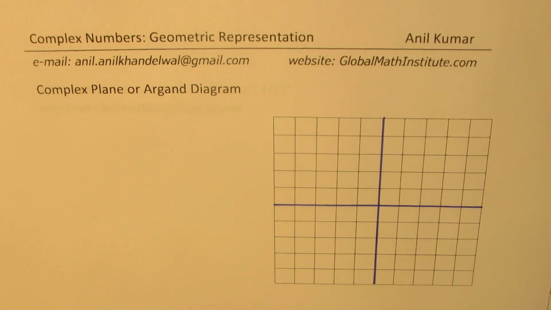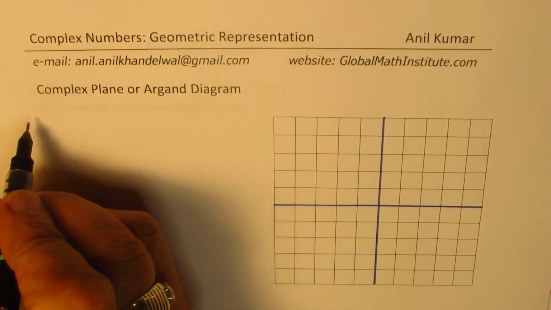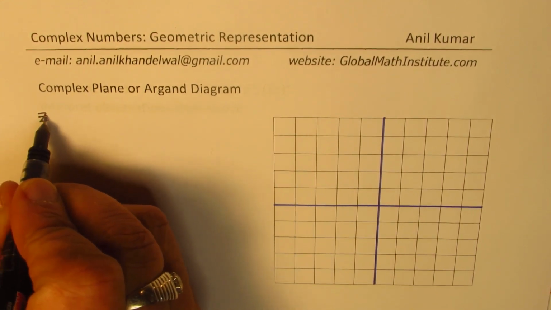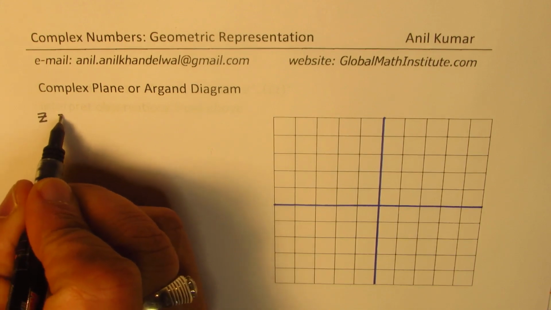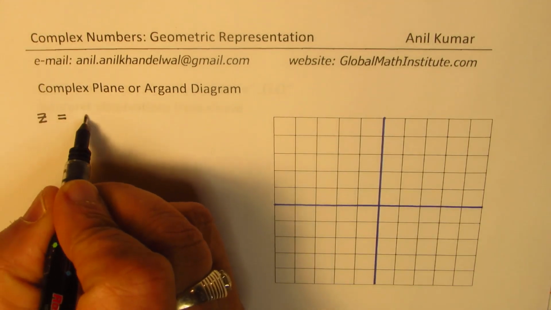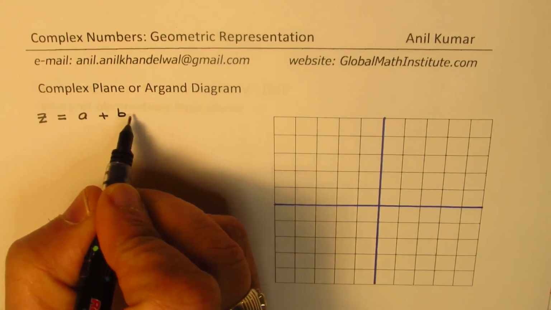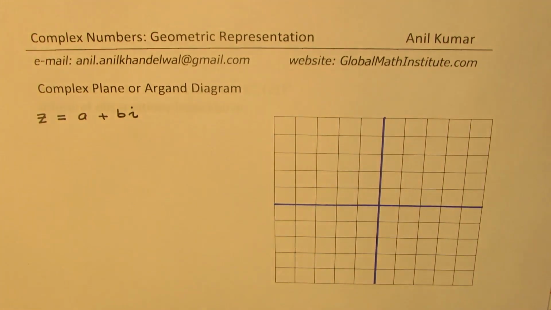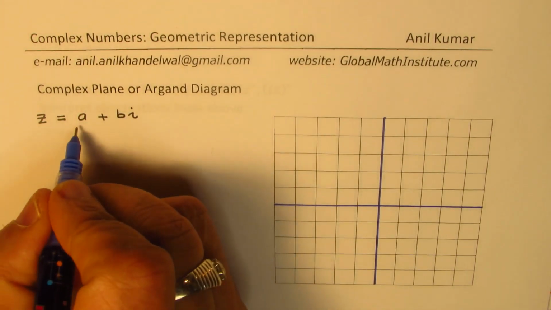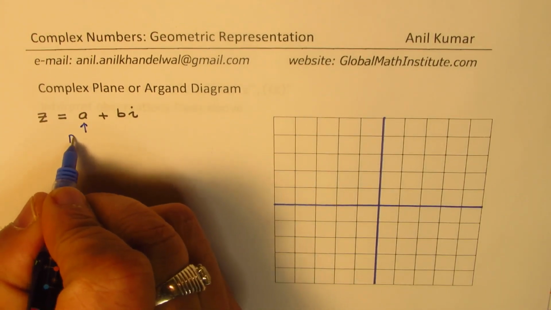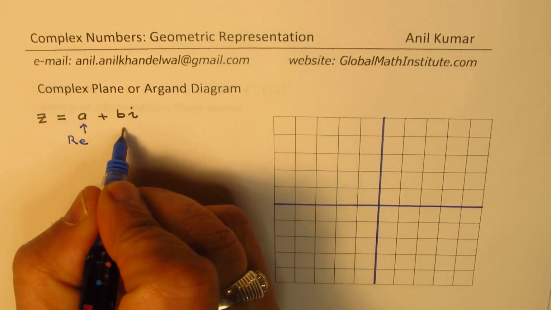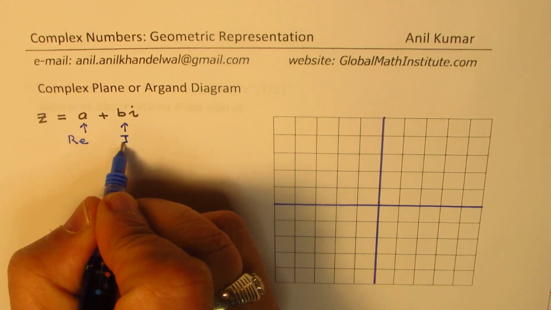Just as in a Cartesian plane, a complex plane has two coordinates as shown here. A complex number, let's take an example, will normally be written as z equals a plus bi. Now here, as you know, a is the real part, right? So this is the real part, and that is the imaginary part of this complex number.